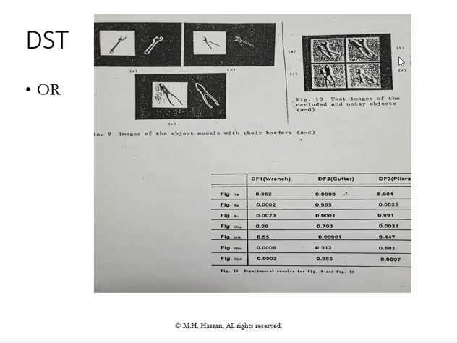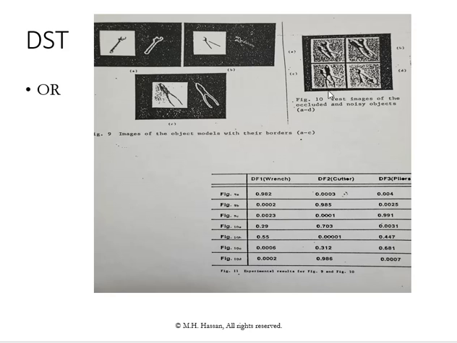So first, let's look at the last scene where the input is basically a cutter. This is the last figure. As a cutter, the evidence produced is 0.988, while it is negligible as a wrench or as pliers.